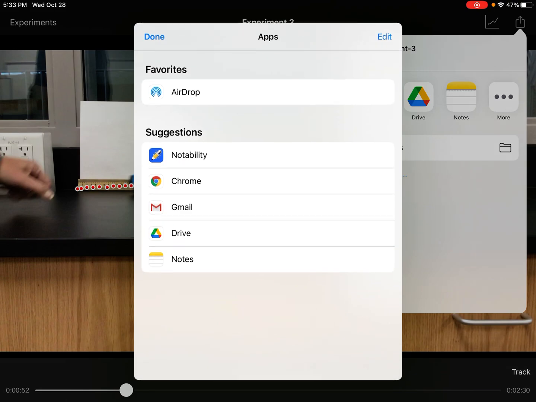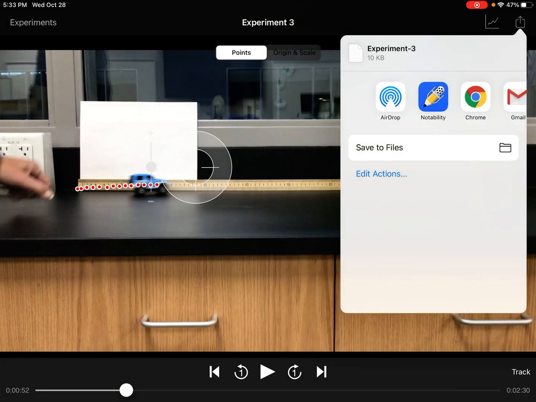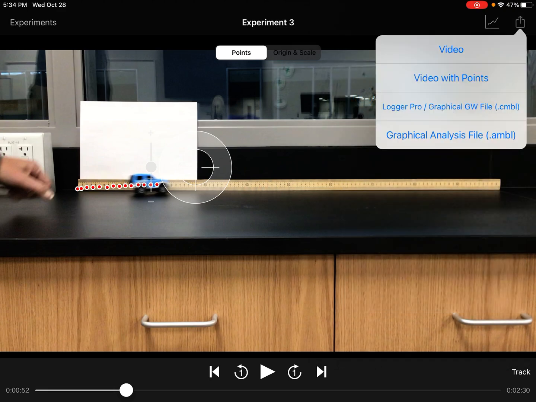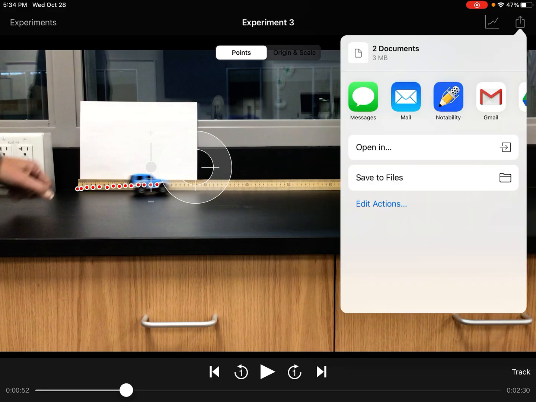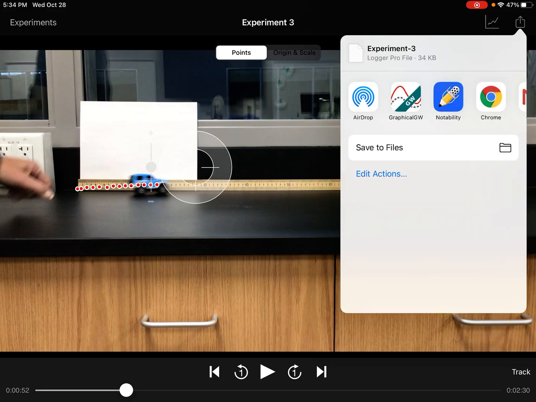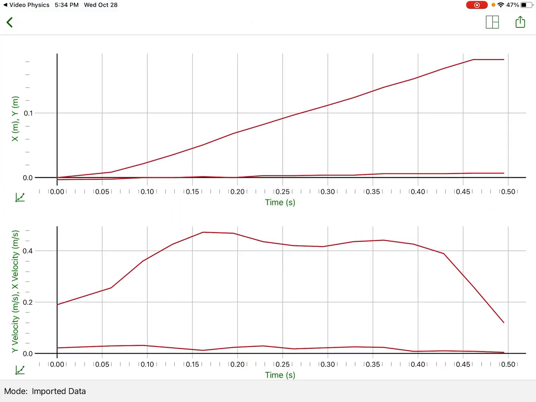How about that? There we go. I had to be kind of persistent. So now I see Graphical Analysis.